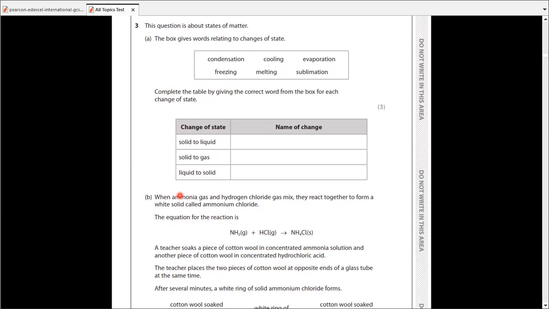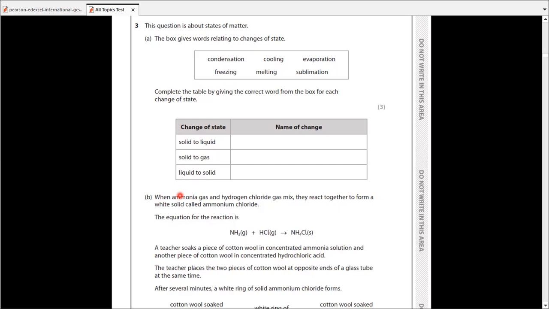So we move on now. Question 3. To complete this table, choose the correct word from the box for each change of state. Solid to liquid, that would be melting. Right.